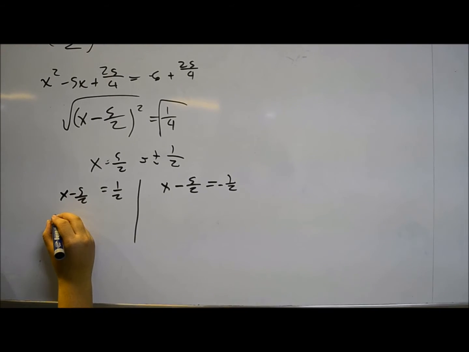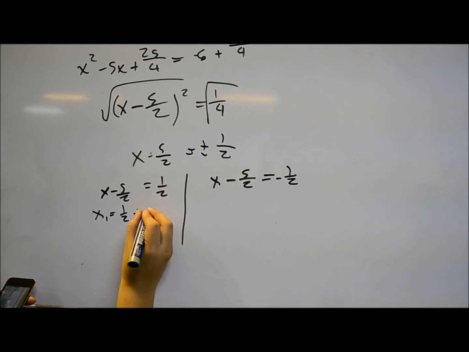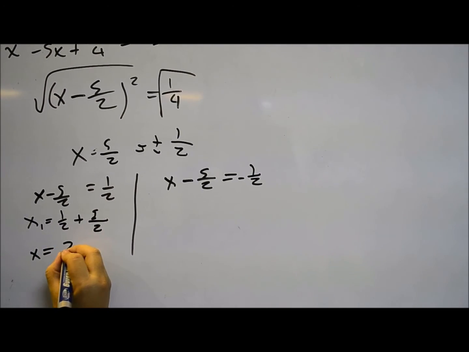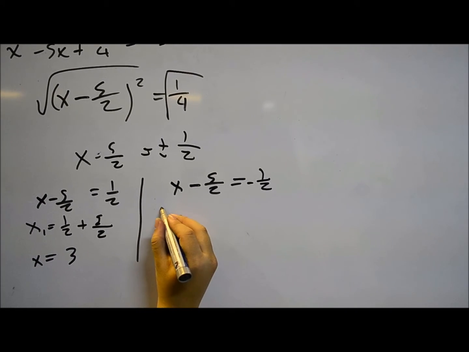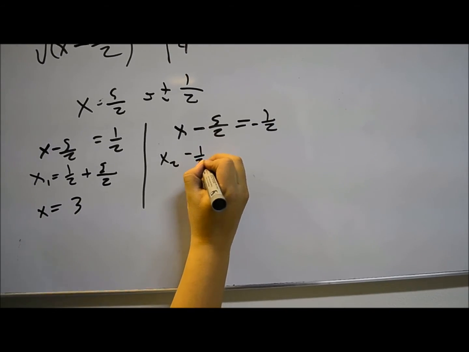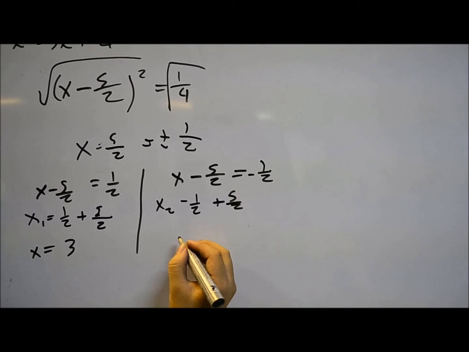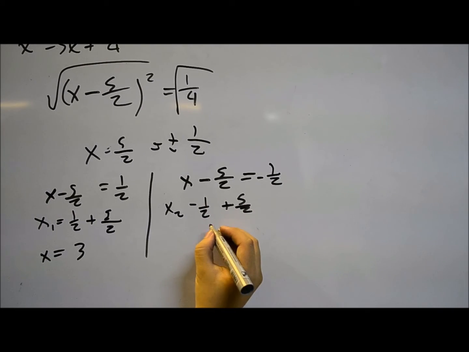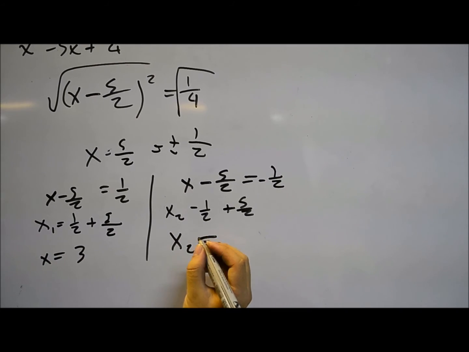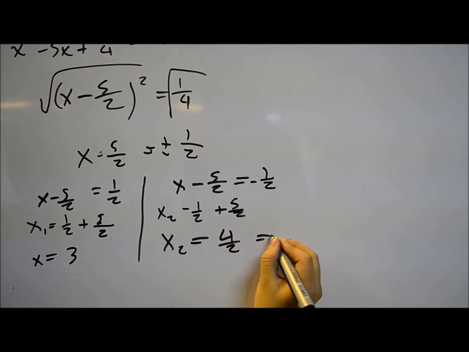So we will end up with x sub 1 equals 1 half plus 5 halves, which equals positive 3. Here we'll end up with x sub 2 equals negative 1 over 2 plus 5 halves, which is equal to 4 over 2, or positive 2.